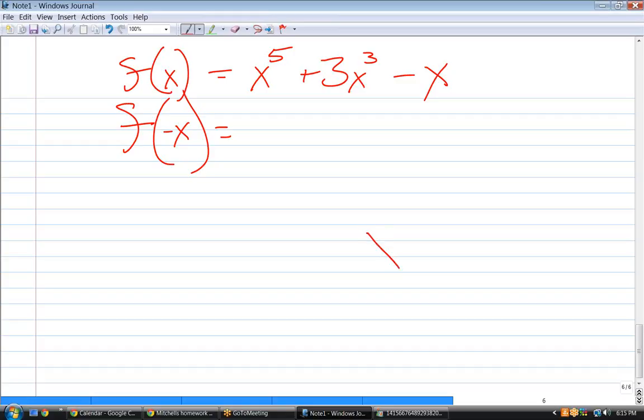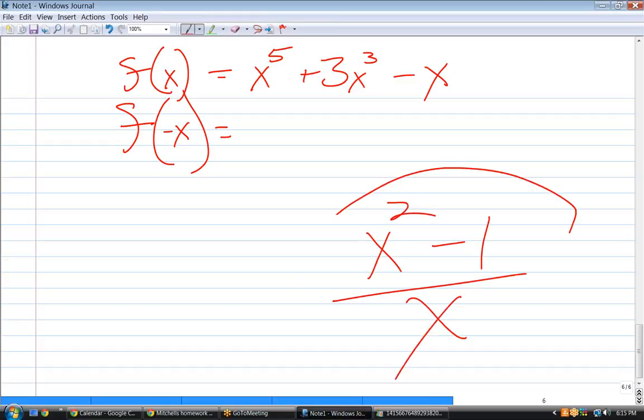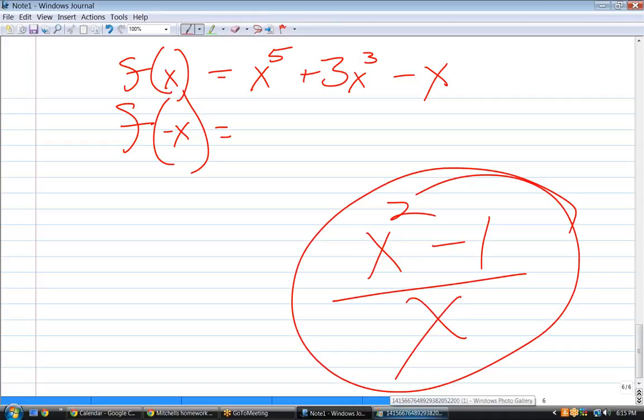If you have something like this, well, that's not so. If it's a rational function where you have division going on, then you really have to examine it in detail to see whether or not it is going to be odd or even. I can't really tell from looking at this function that I've circled down here whether that's odd or even.